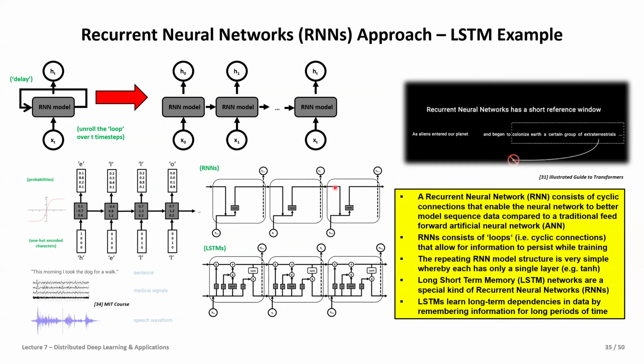Essentially the step before influences the computing of the next step, which of course makes sense, especially if you have languages, right? What the character was before has a high impact on what the next character is. So this is a traditional area where it's a very specific type of artificial neural network, not feed forward anymore. This is for sequence modeling with this loop. In other words, you call it a cyclic connection.